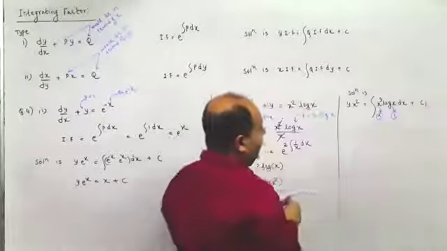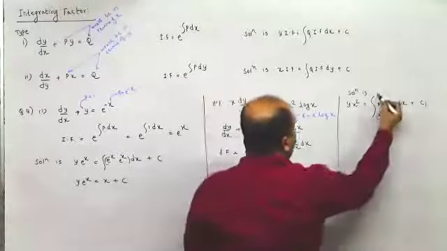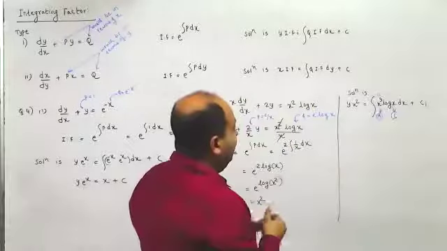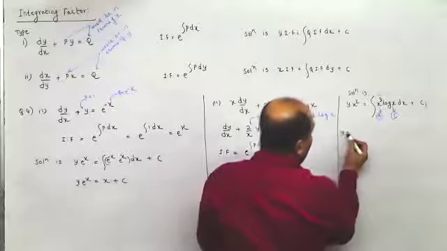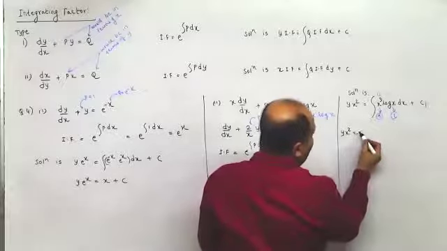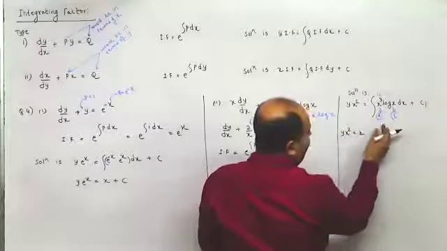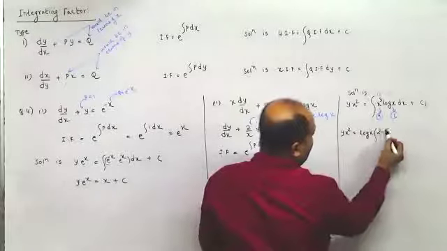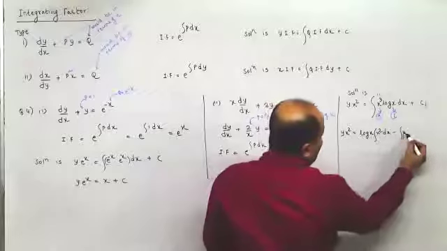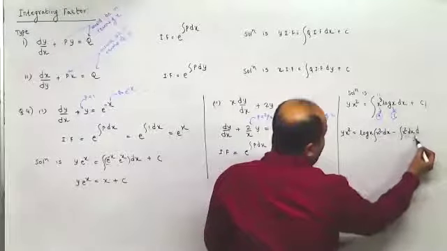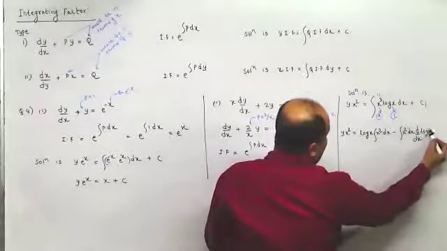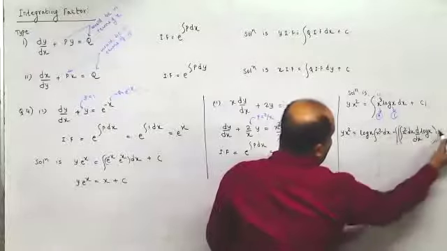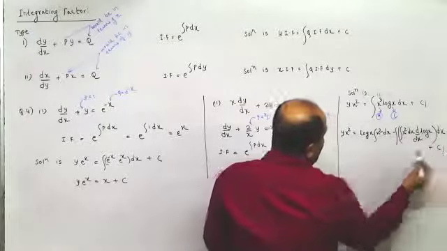So I would get here u into v. When I take here u into v, y x square is equal to, I'll take here isolate. In isolate, log comes first. I'll take log first, integration of x square dx minus integration of x square dx into derivative of log x, and then integrated once again with respect to x plus some constant.